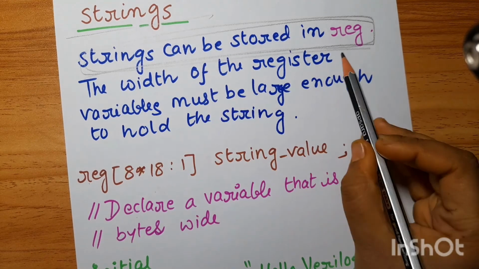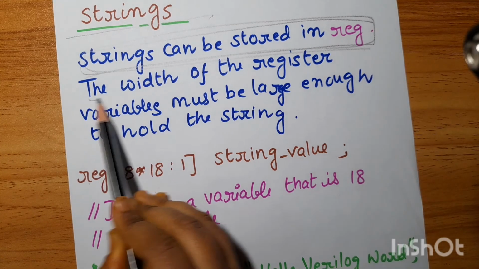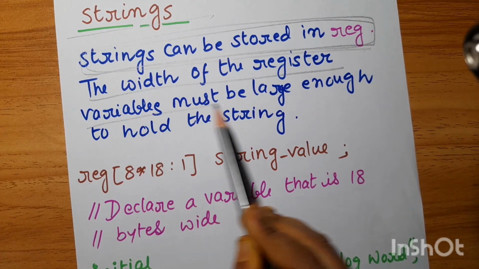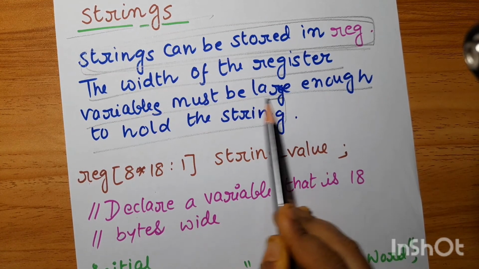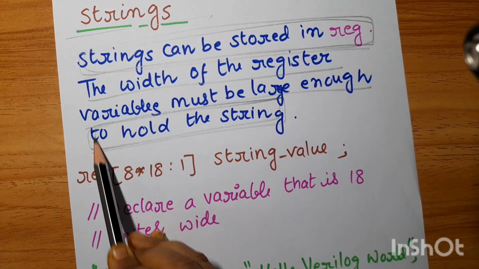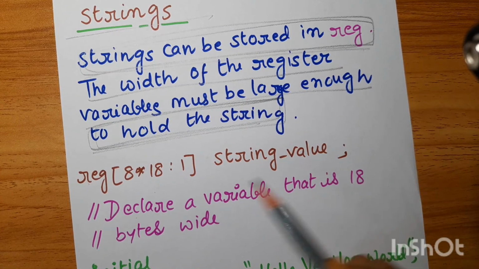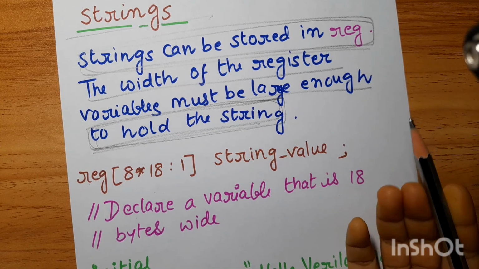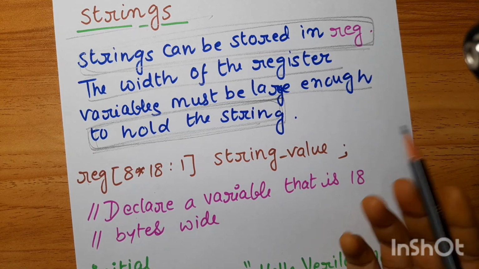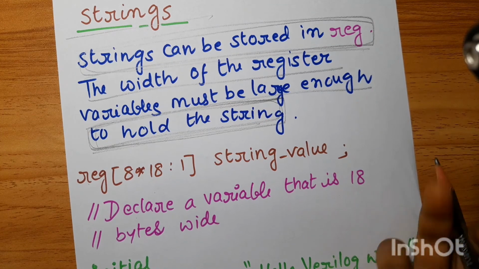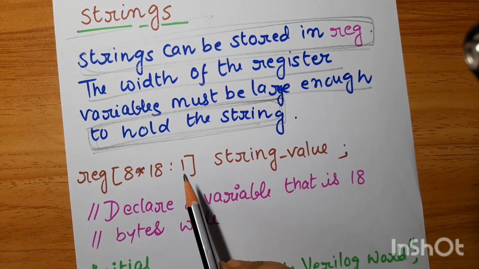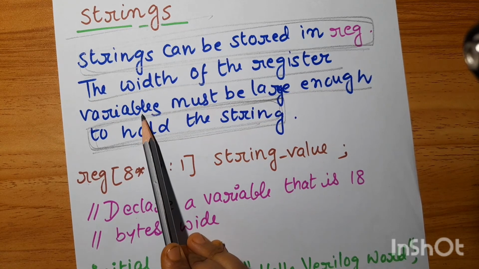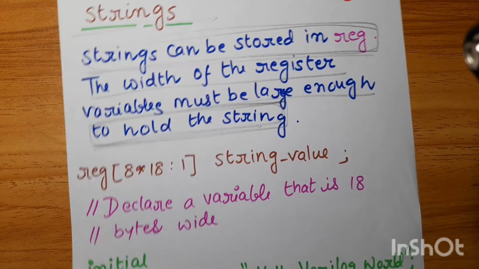So strings can be stored in reg. The width of the register variable must be large enough to hold the string. Even for a 4-letter word, each letter needs 8 bits, total 4 times 8 is 32 bits. So the width of the register variable should be large enough for holding the strings.